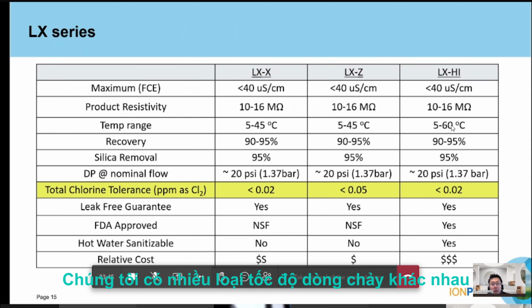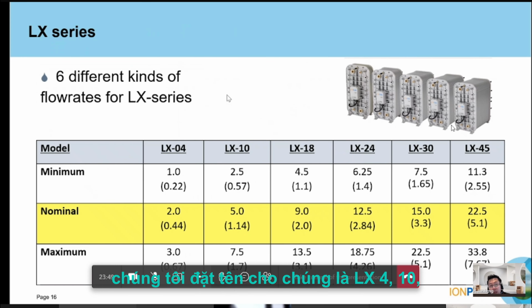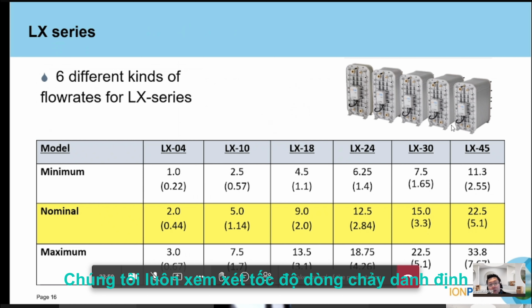And we have a lot of flow rates. We label them as the LX4, 10, 18, 24, 30 to 45. These are just the various sizes of the LX module. We always look at the nominal flow rate, and you always design on the nominal flow rate. It can range from 440 liters per hour to 5.1.